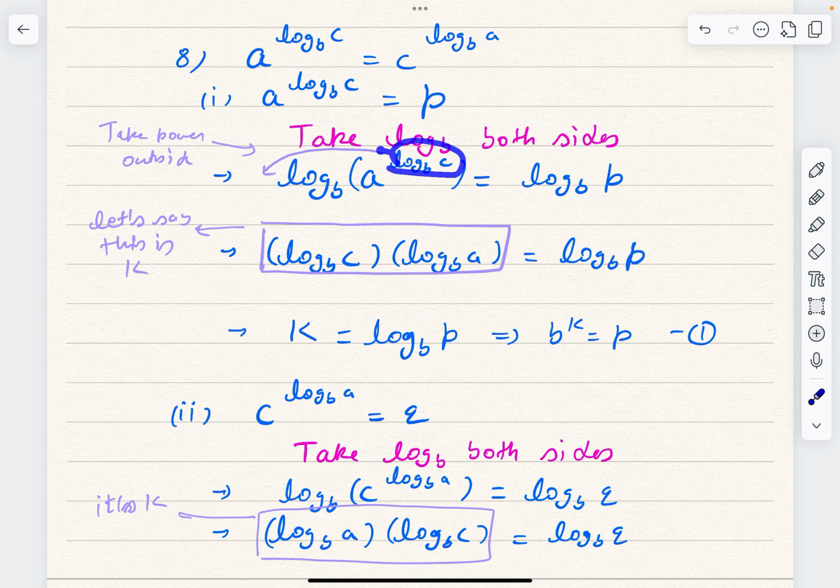So we can take this power outside the log using the fourth property. So this power is log base B of C, and then what we are left with is log base B of A is equal to log base B of P.